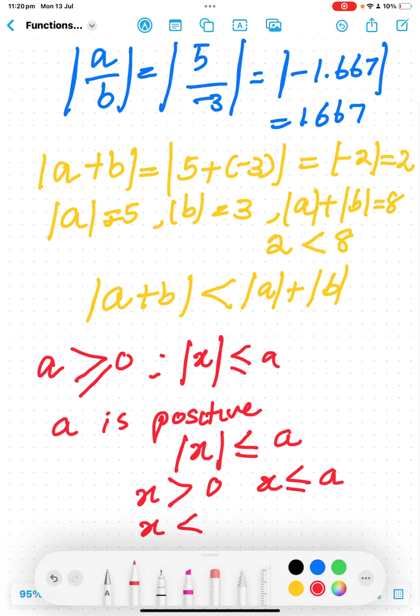If x is negative, then we can say negative x is less than or equal to a.